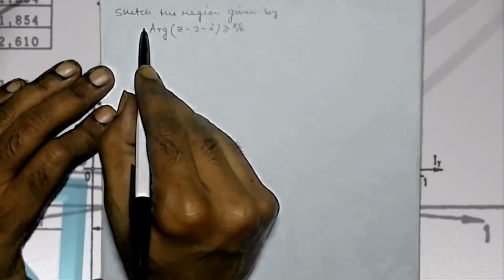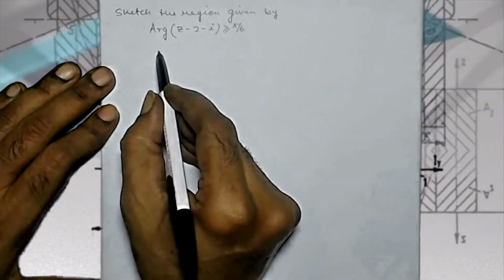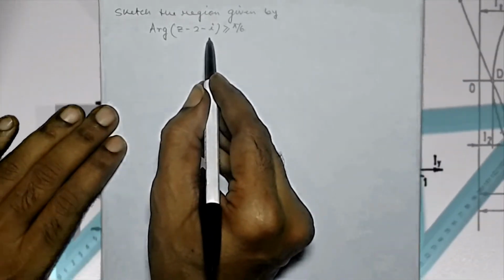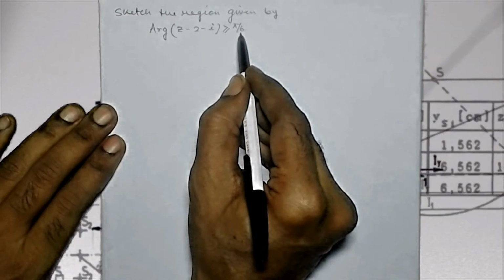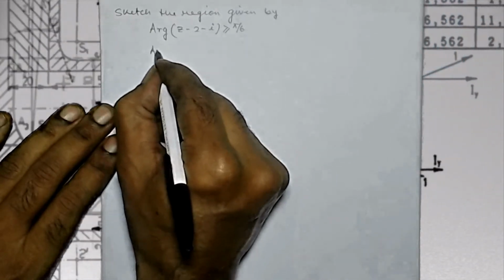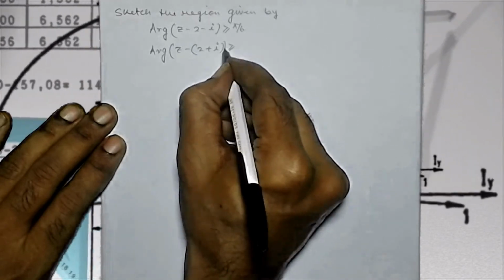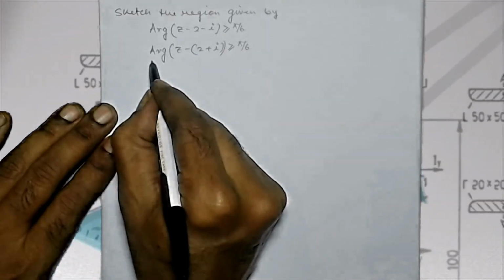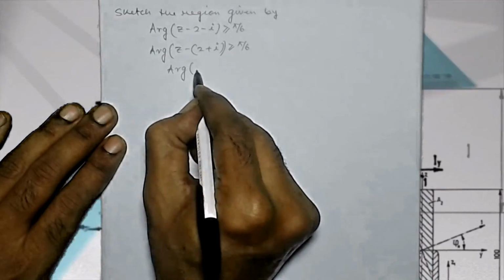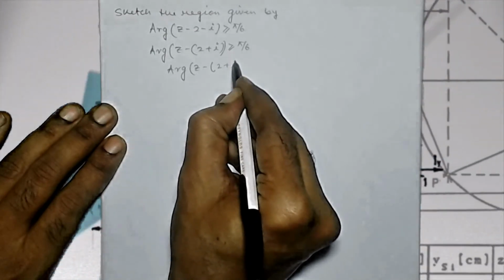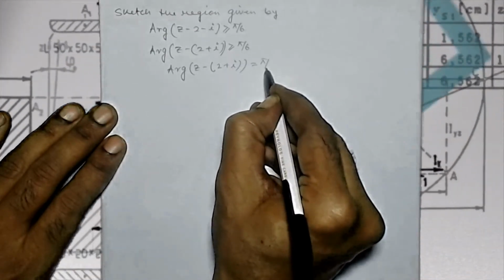See this question. Sketch the region given by argument z minus 2 minus iota is greater than equals to pi by 6. It means what? Argument of z minus 2 plus iota is equals to pi by 6.